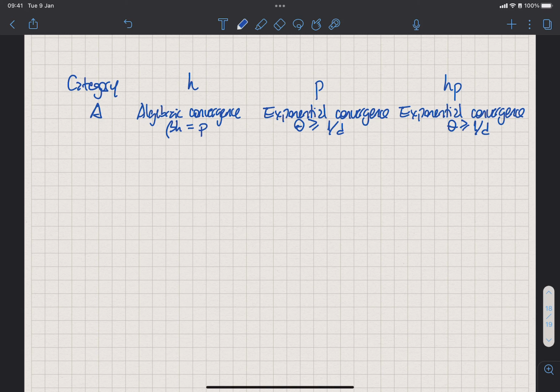Okay, now we're going to problems in category B. Remember, category B are nice, but there are sets of measure 0 where the solution is not nice anymore. You have a singularity. And we said, what is the behavior of h-FEM? Algebraic.